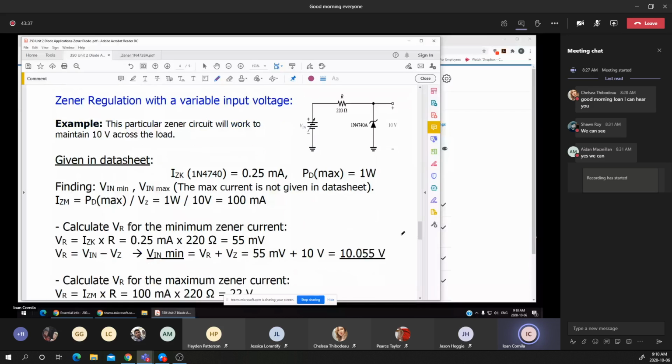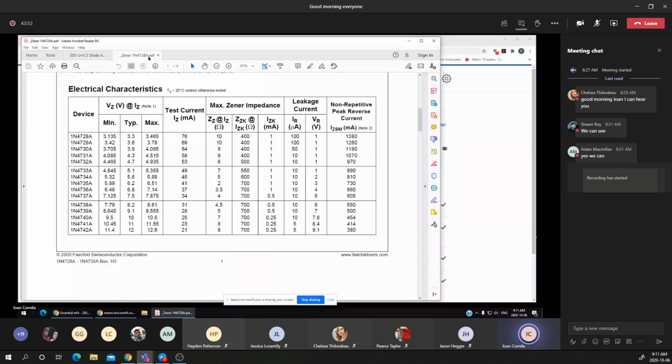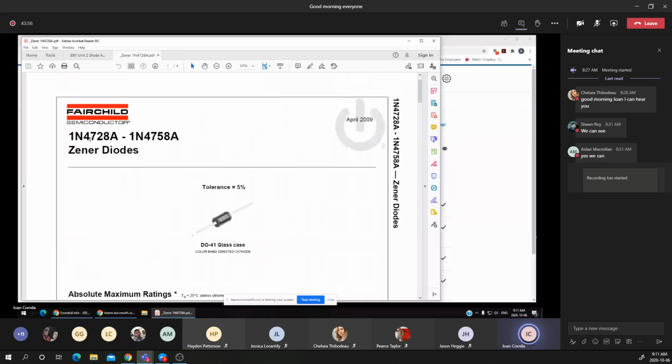To make a short example, I said that for a given value, look at the data sheet. Now, this is the data sheet that may be used, which looks like this one. It's the data sheet for a group of Zener diodes from Fairchild Semiconductor, one of the biggest semiconductor companies in the world.